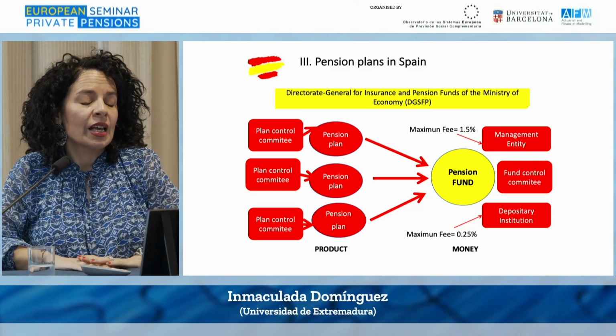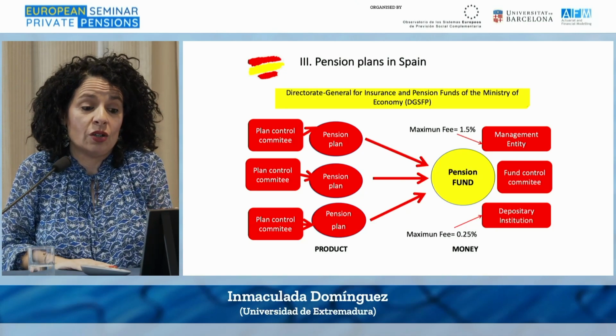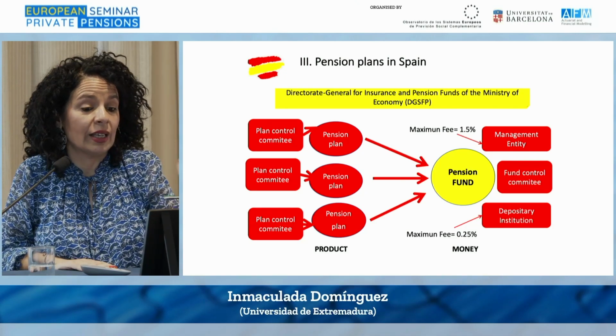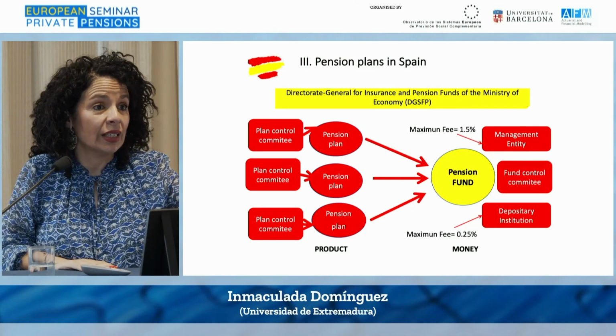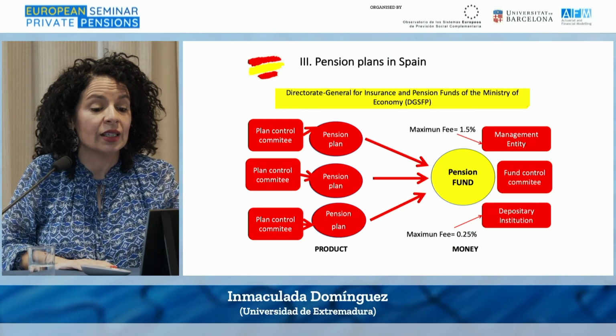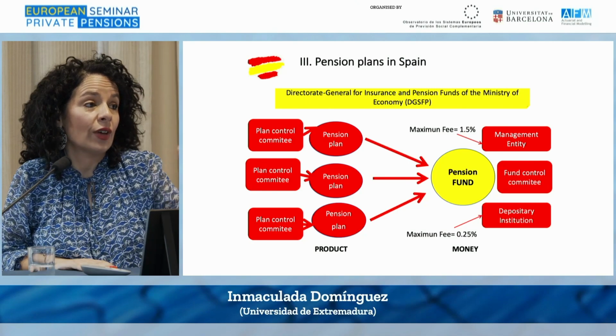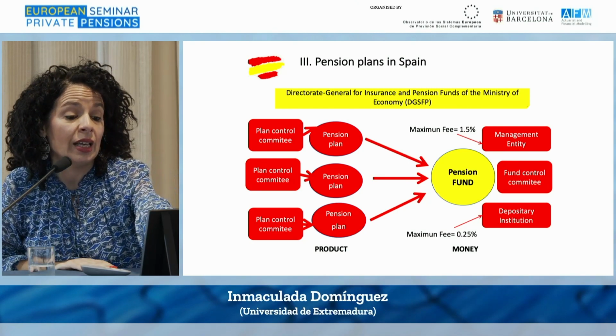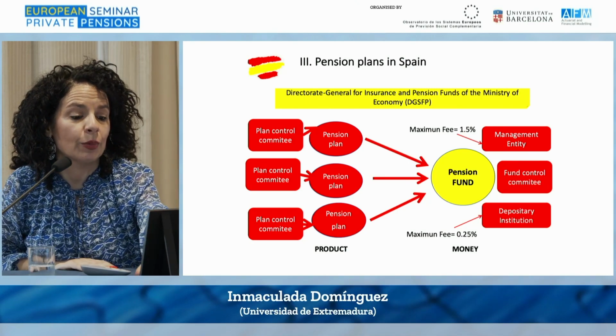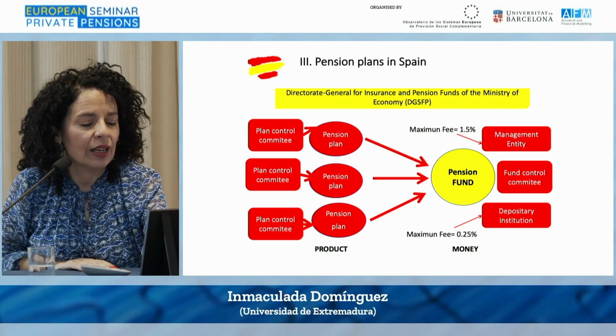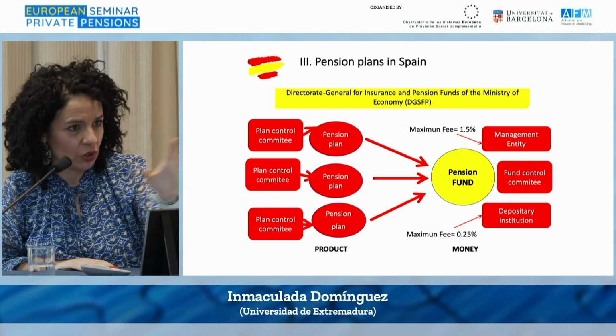And after, of course, because they have a fund, we need a management entity and a depository entity, and we have to pay for this. We have a fee for the management and for the depository. I show this because it will be important now, okay?